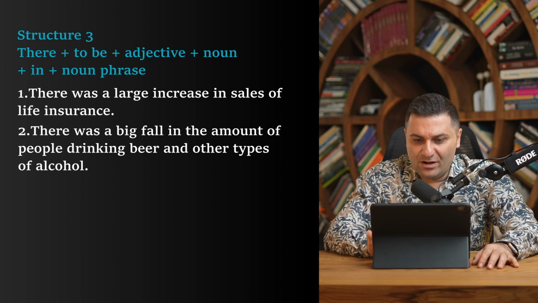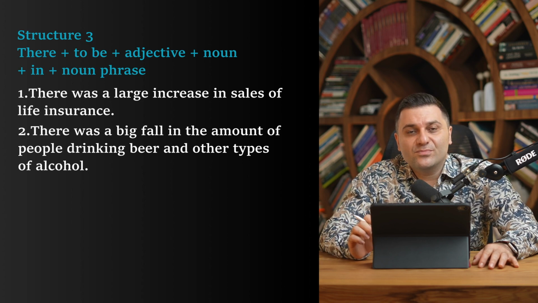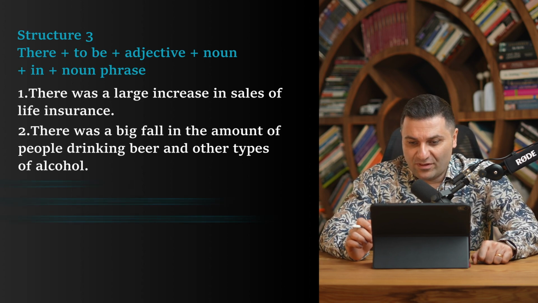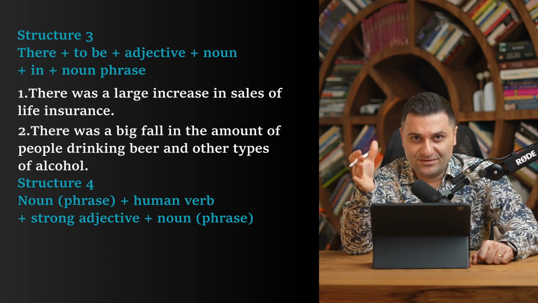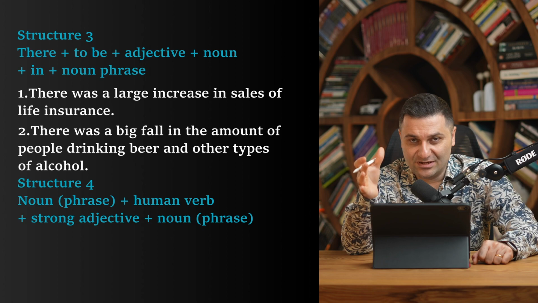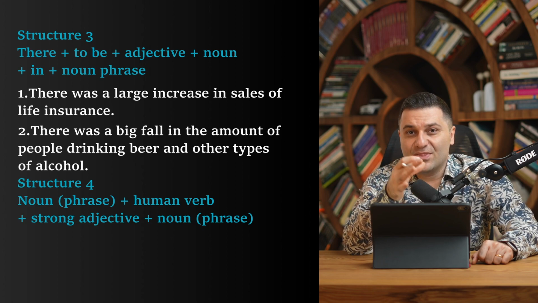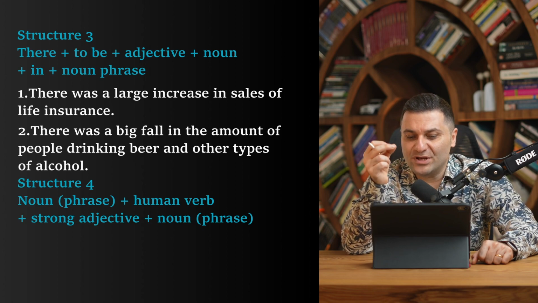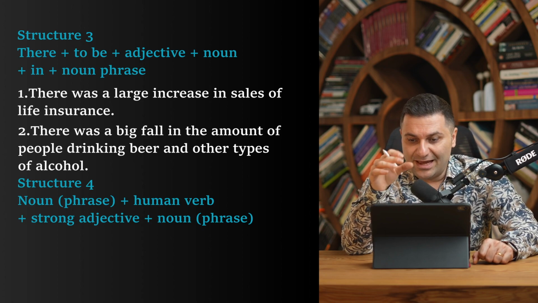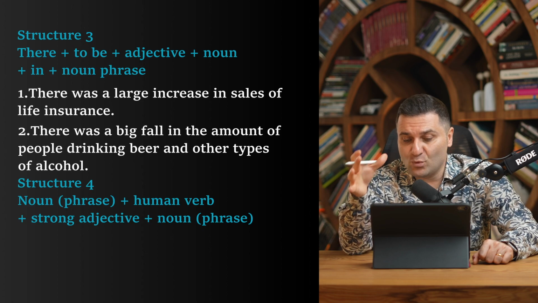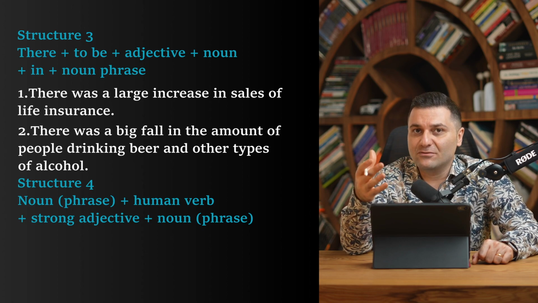Now let's work on our simple structure 4, our fourth simple structure. It starts with a noun phrase, so we have a noun phrase at the beginning of a sentence. Then after that, we have a human verb. I will work on human verbs. And then we have a strong adjective and a noun phrase.